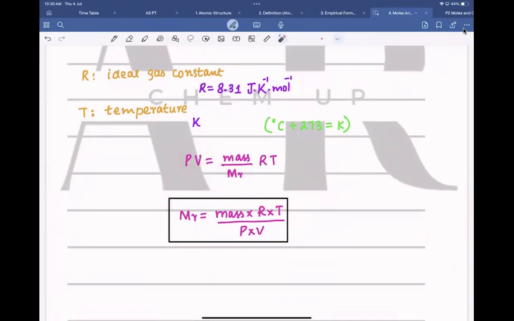Yes, sir. In the previous questions, the MR is given and they ask you to find the molecular formula after calculating the empirical formula. In some questions, the examiner lets you calculate the empirical formula, then provides information to calculate the MR, and sometimes you need to use this expression to calculate the MR, and then they ask you to calculate the molecular formula.